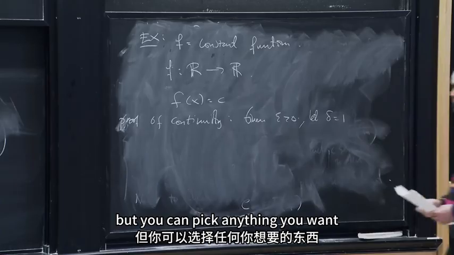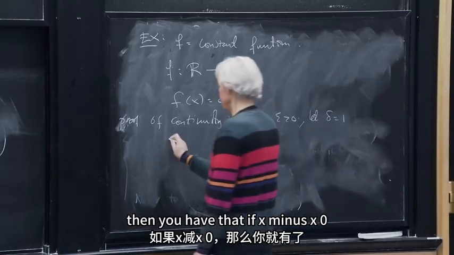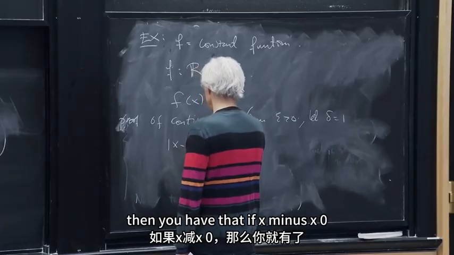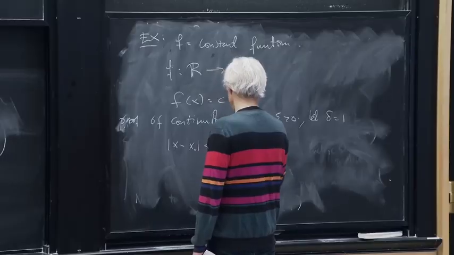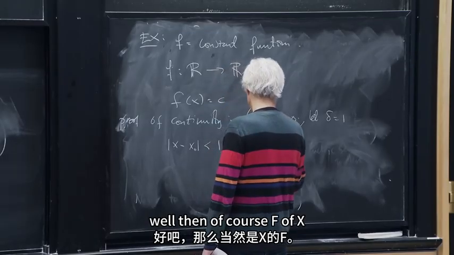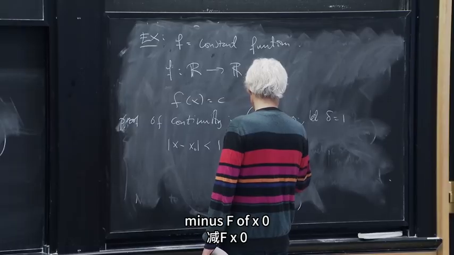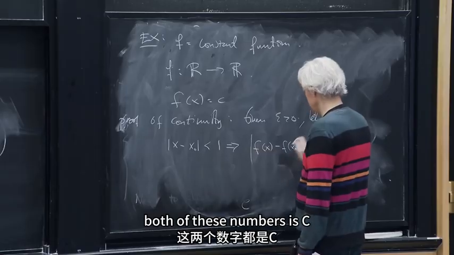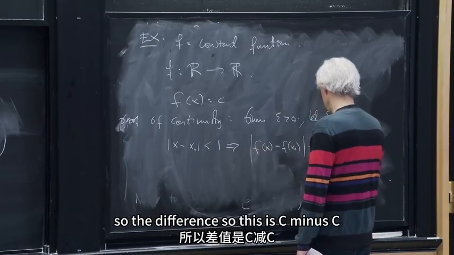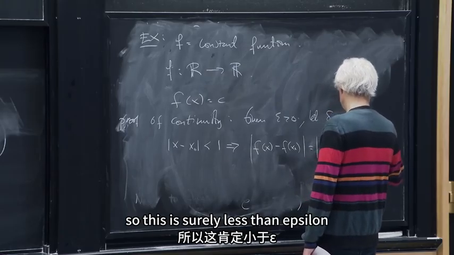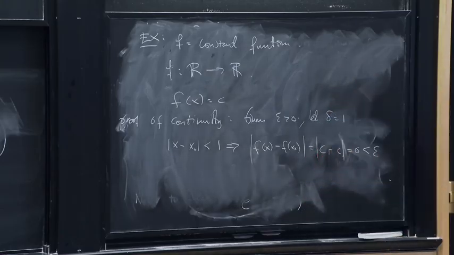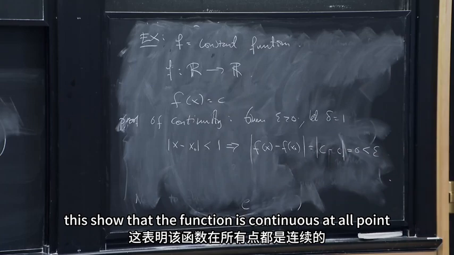Then if |x minus x0| is less than 1, well then of course f of x minus f of x0, both of these numbers are c. So this is c minus c, so this is 0. So this is surely less than epsilon, right? So this shows that the function is continuous at all points.